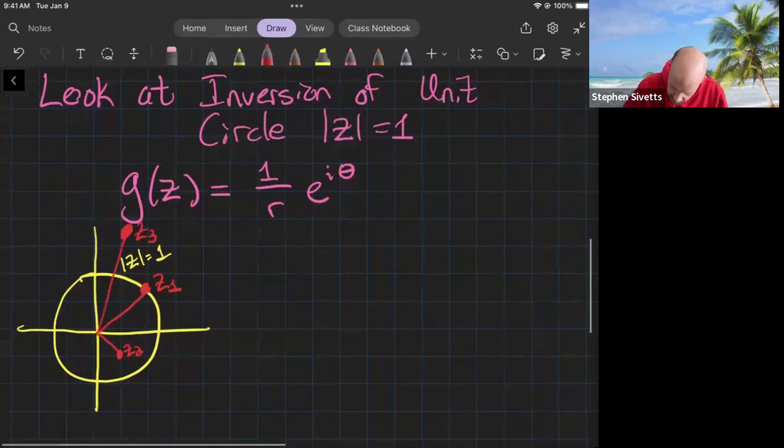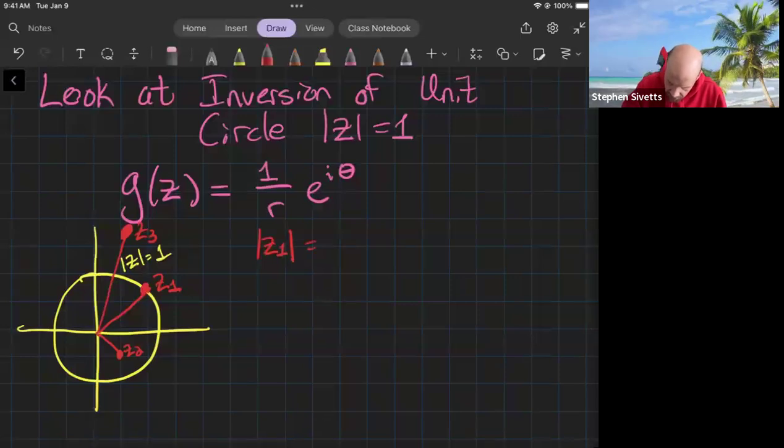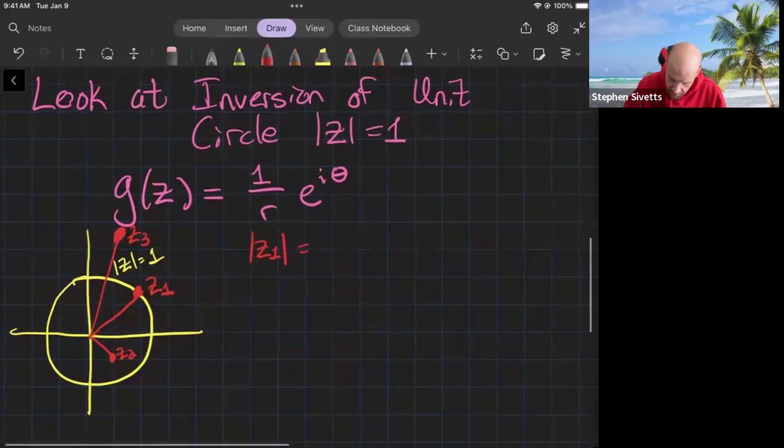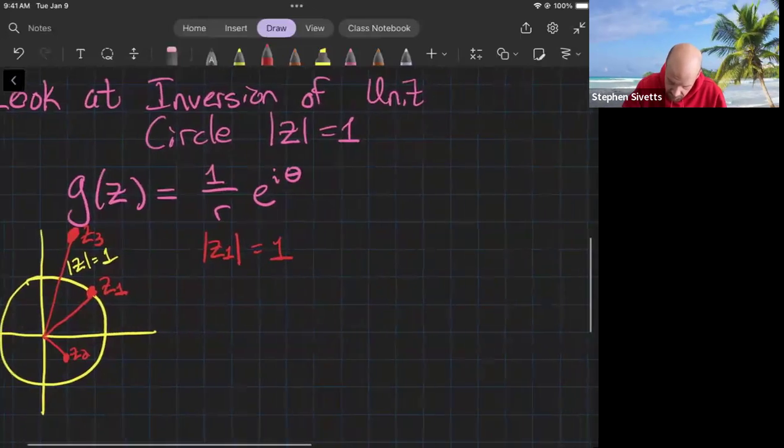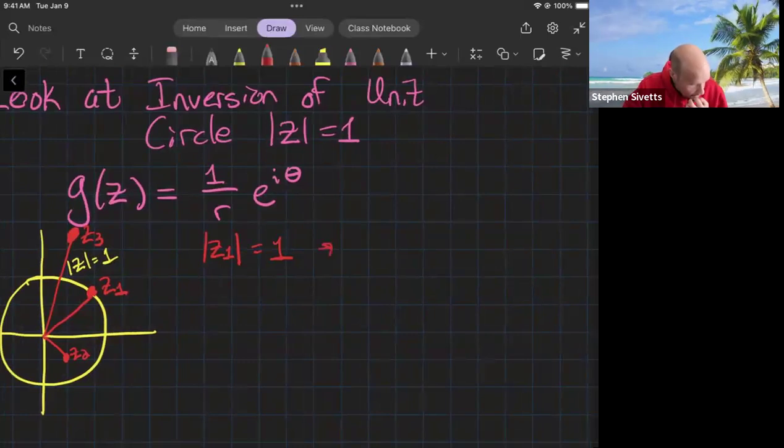So z1 is on the circle, so the radius is 1. So in terms of polar coordinates, the modulus of z1 is 1, and I write e to the i times theta 1 as its polar coordinate.